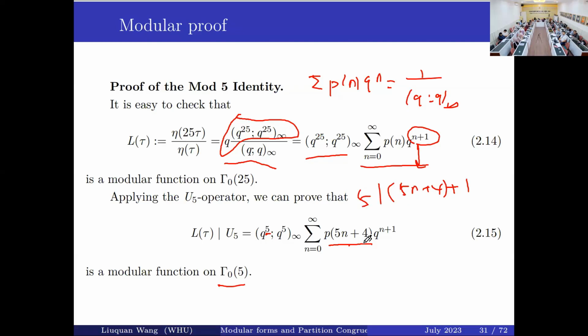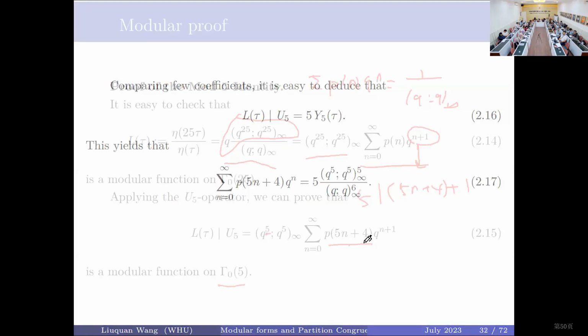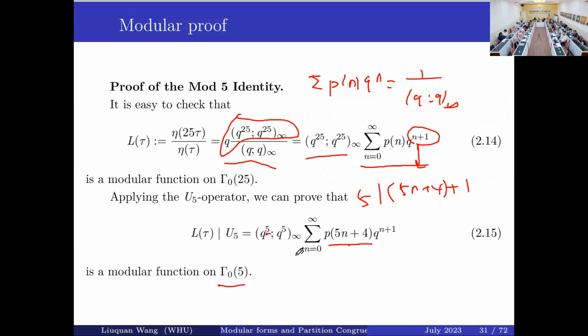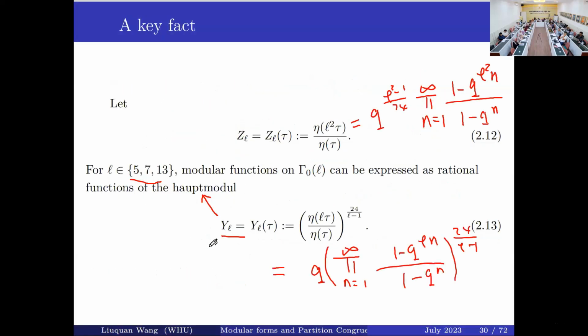And with this fact, now we use the knowledge from the previous slides, which means any modular function on gamma 0, 5 can be expressed as a rational function of Y5.